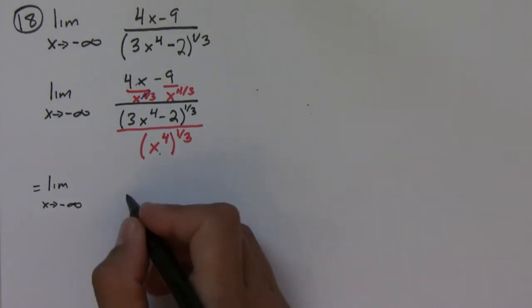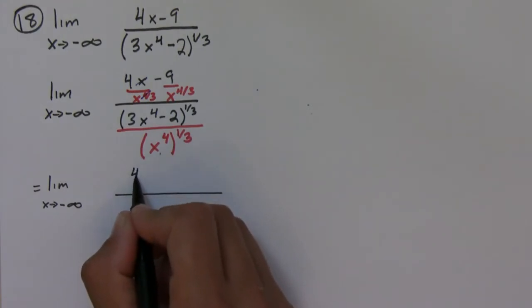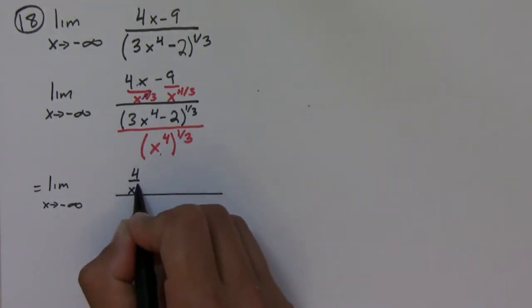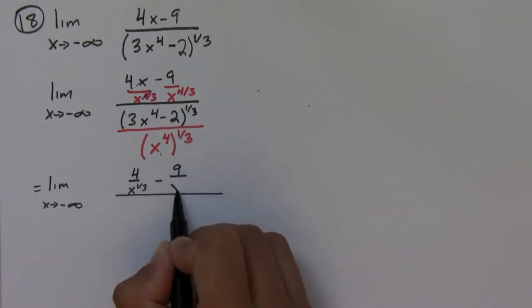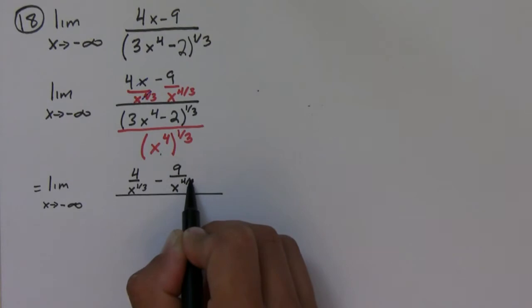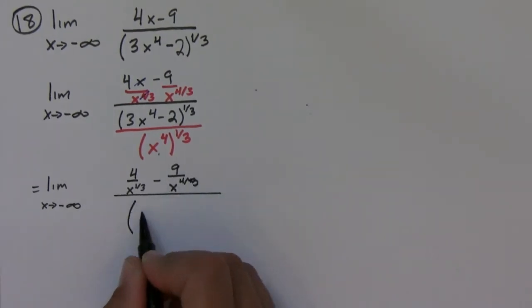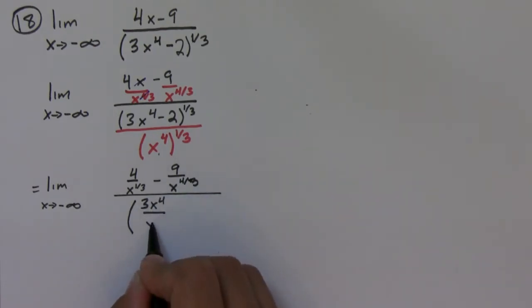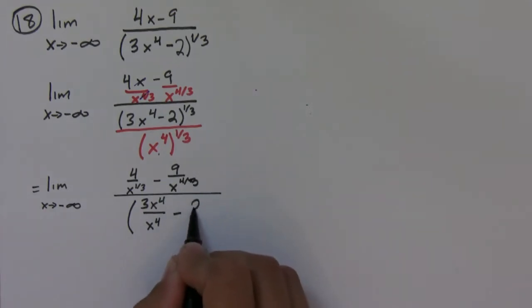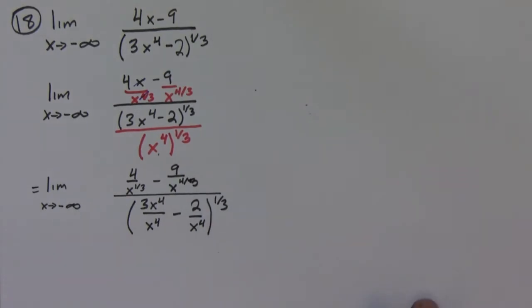So you don't have to worry about what we had to worry about in the previous two problems. So we have 4 over x to the 1/3 on top minus 9 over x to the 4/3, and then 3x to the 4th over x to the 4th minus 2 over x to the 4th, and all this to the 1/3. All I did was bring the x to the 4th inside.